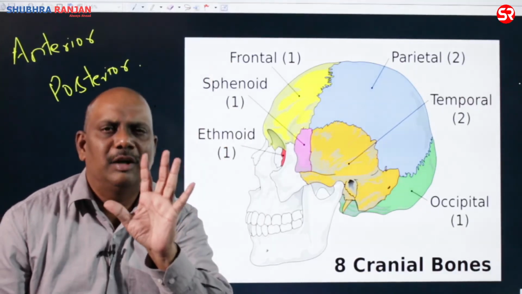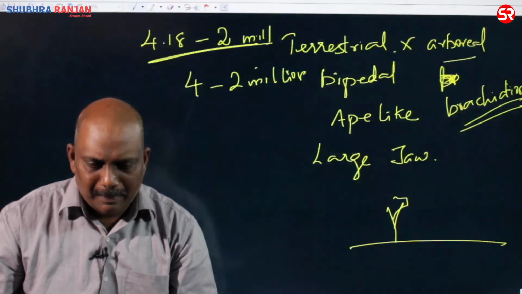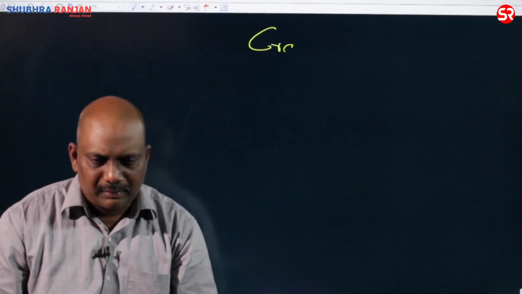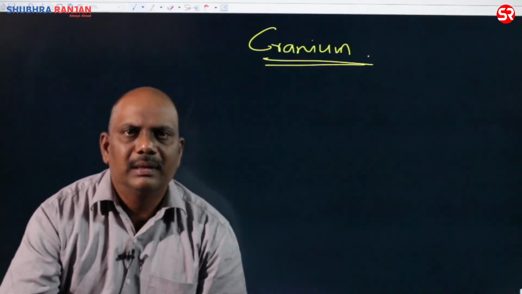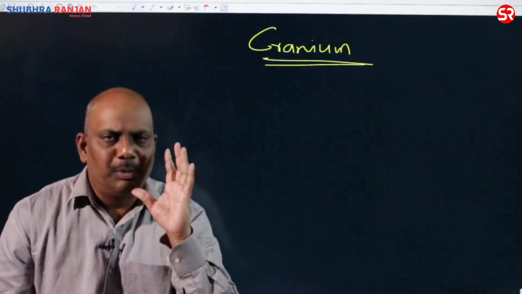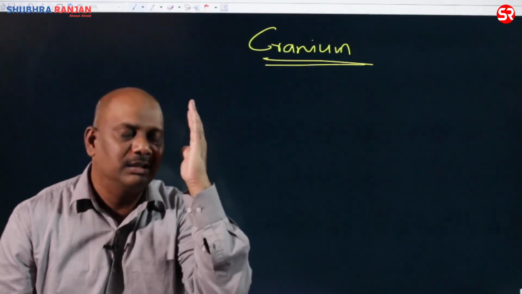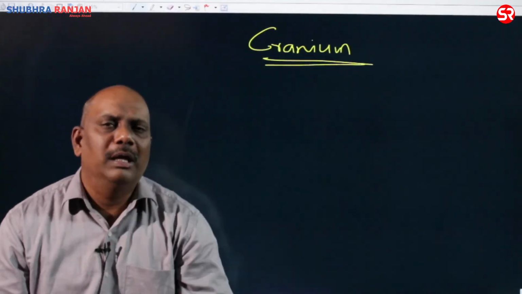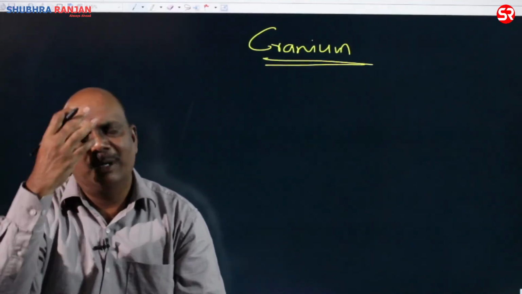Are you okay with the term cranium? Cranium means these bones which cover and protect our brain. I told you four important parts of the cranium, four important regions.